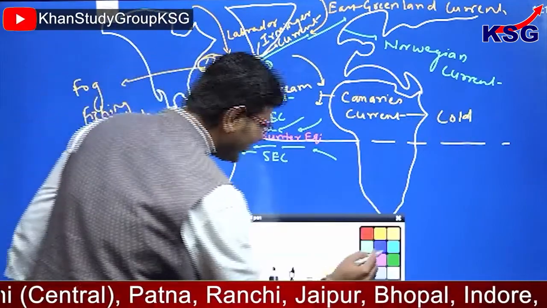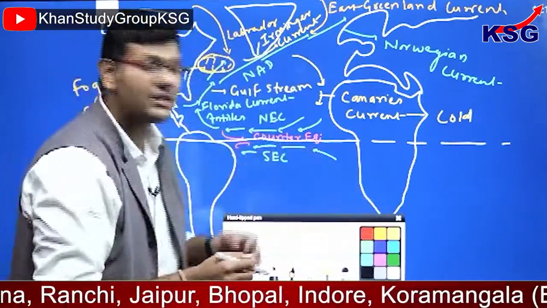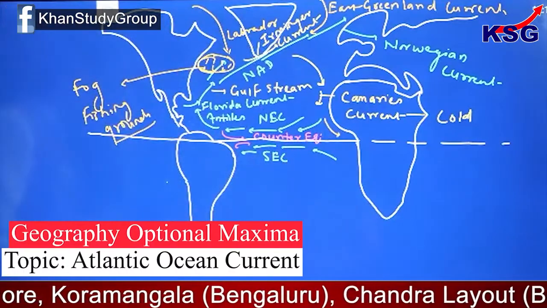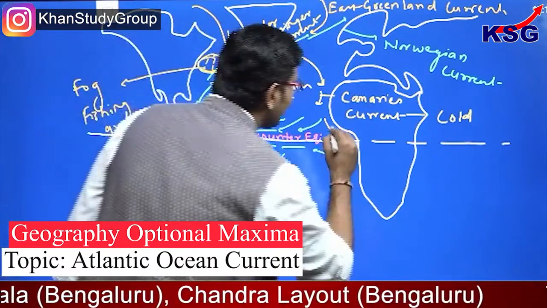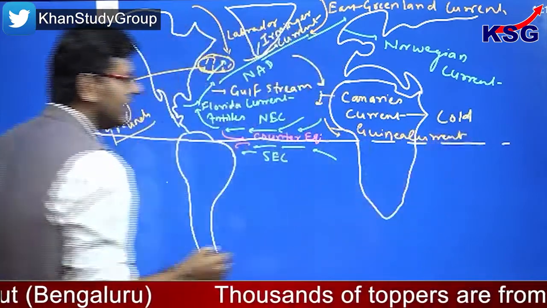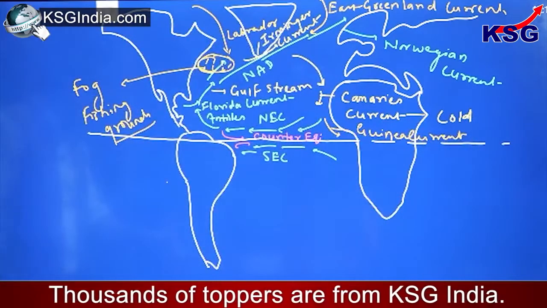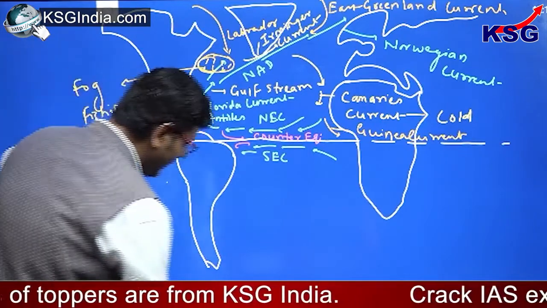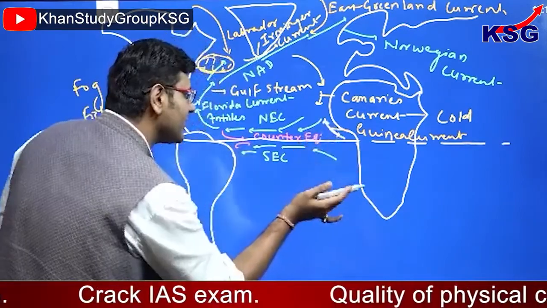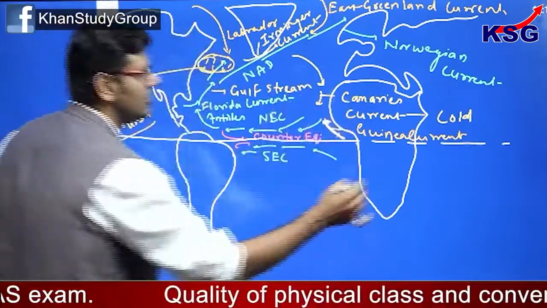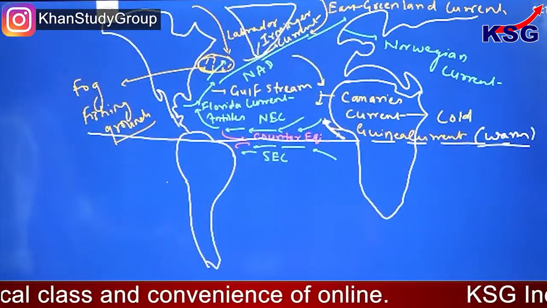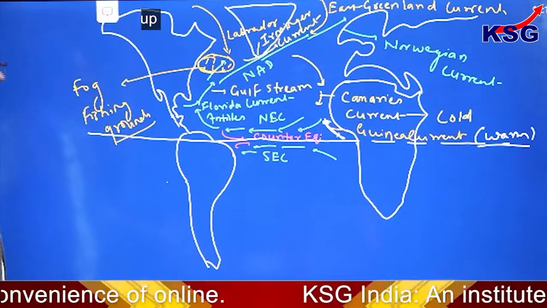Also, there is a current in this area called the Guinea current. The direction of the Guinea current is towards the pole, and hence it is warm in nature.